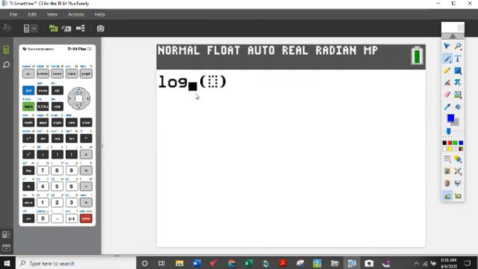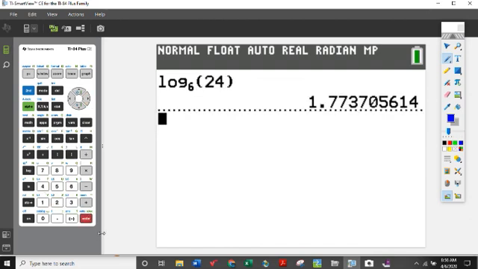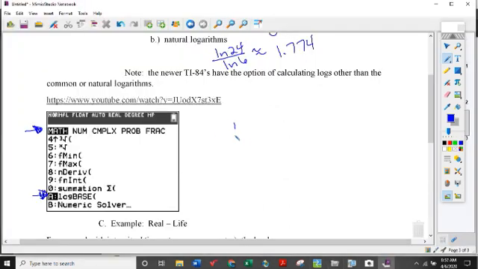So I could just type log base 6 of 24, and that gives me the same result. Okay. So one more time, when you do log base, you get this little box. So 24 would go in here, 6 would go in here.